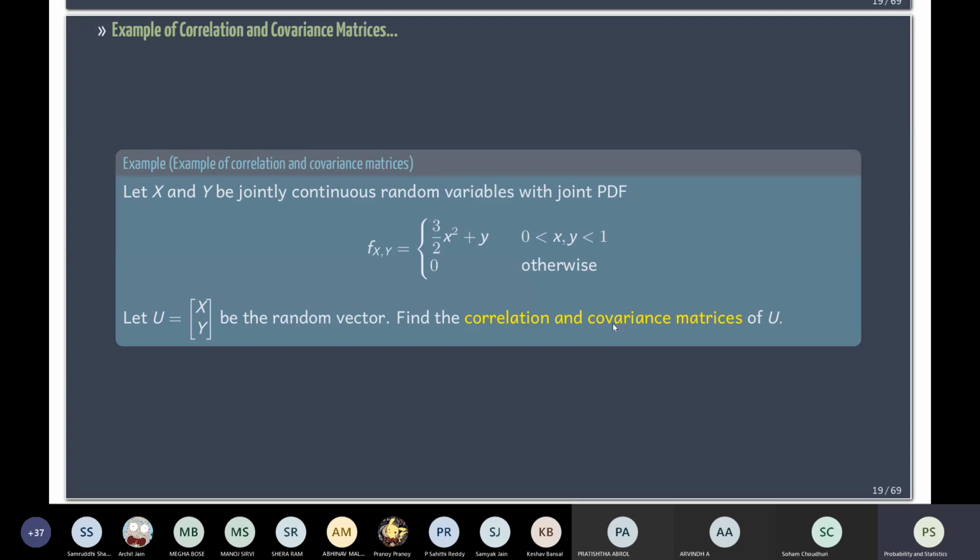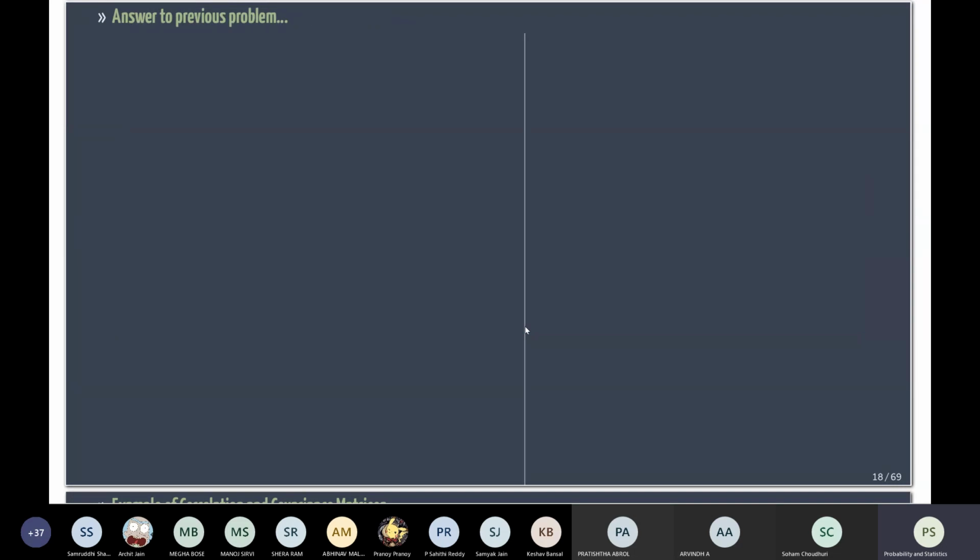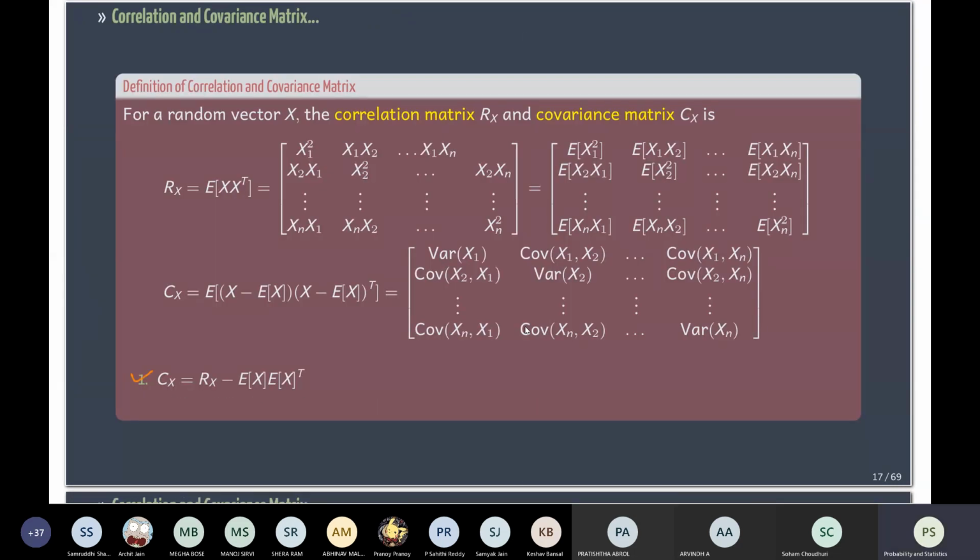For correlation and covariance, what are the things you need? It's defined to be the expectation of, correlation and covariance, this is the way it's defined, right? So I'm supposed to do this, expectation of x squared.